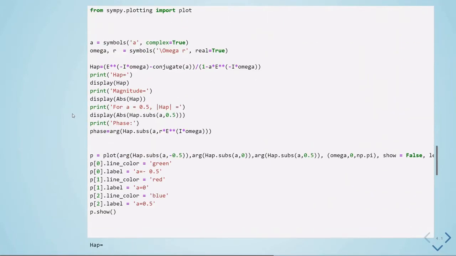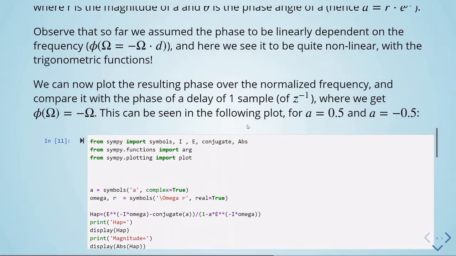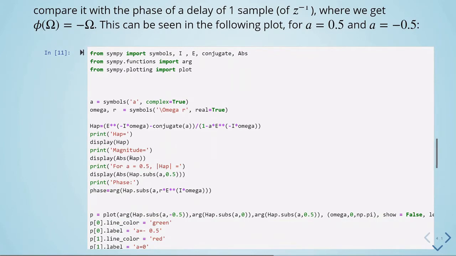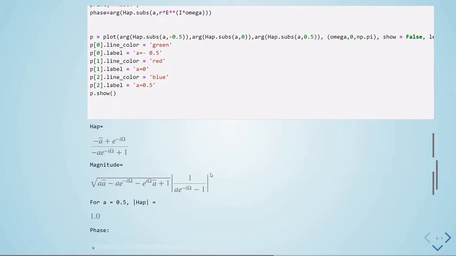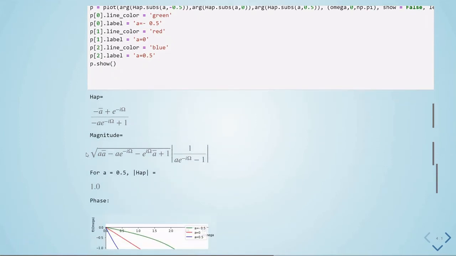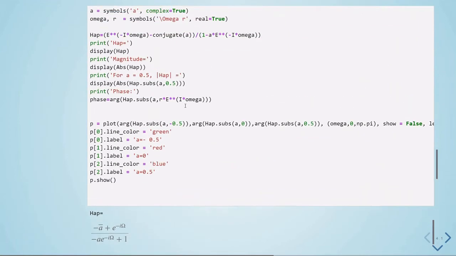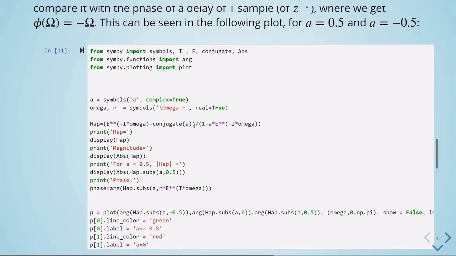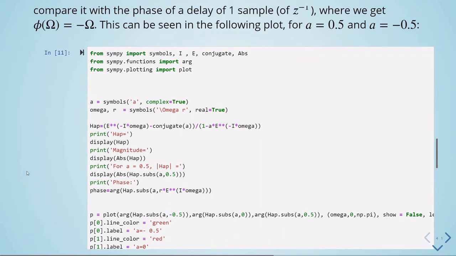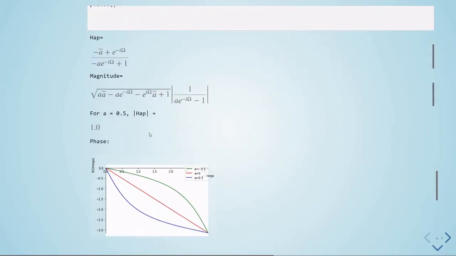And then what I'm doing, I'm simply calling this ABS here, that will compute the magnitude of this. The magnitude is given by this complicated thing, but when we replace a by 0.5, it gives a magnitude equal to 1.